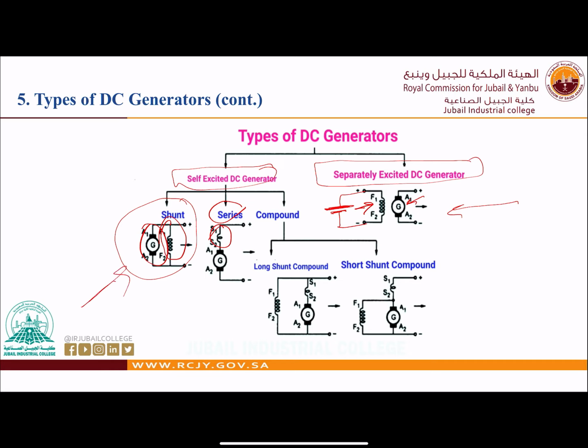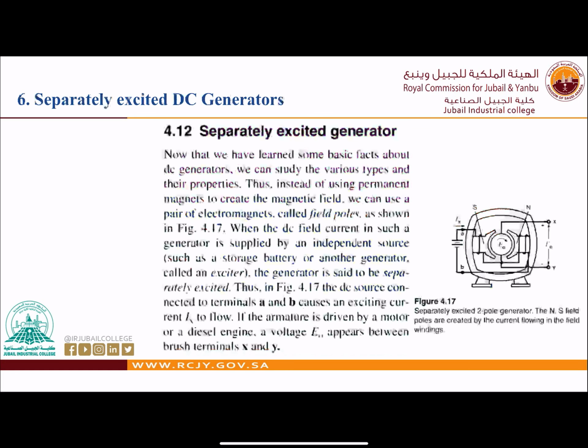Now, for the separately excited, as I explained, we have two poles, right? North and south. Those poles represent the field winding. This is very important. When we talk about the field, that means that we have poles north and south. When we talk about the armature, this is the output voltage. This is the induced voltage.